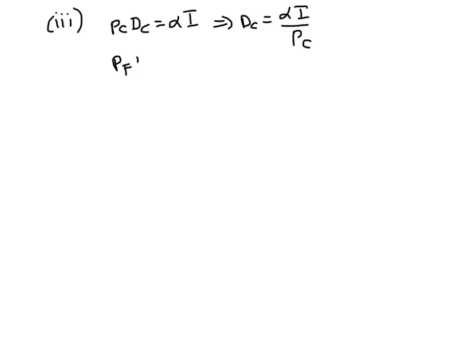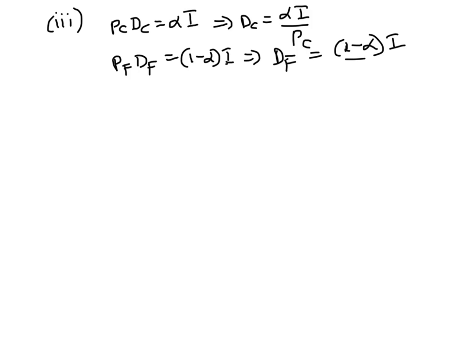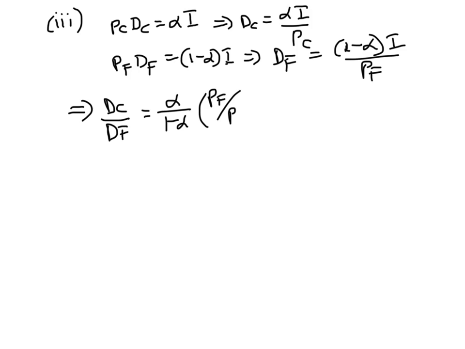The food sector demand looks like this, and putting these two together, what you can find is that the relative demand for cloth is a function of the relative price of cloth, as you would expect.